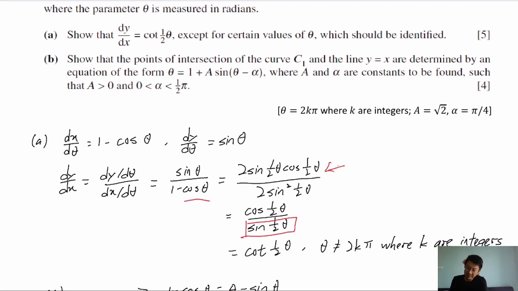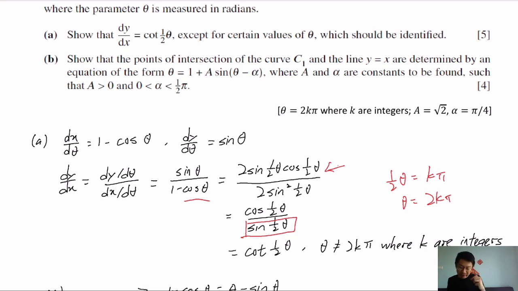So half theta is k pi, where k is an integer. So theta will be 2k pi, where k takes integer values. So we cannot have theta equal to 0, 2 pi, 4 pi, or negative 2 pi, negative 4 pi, and so on. That will be our first part.